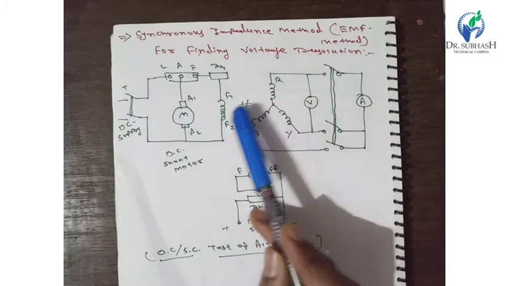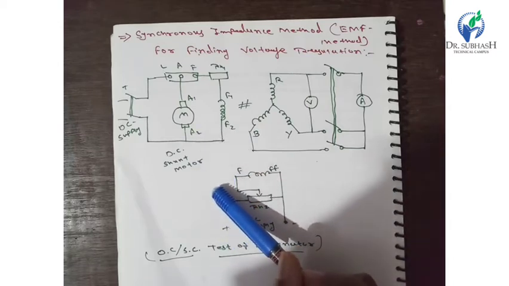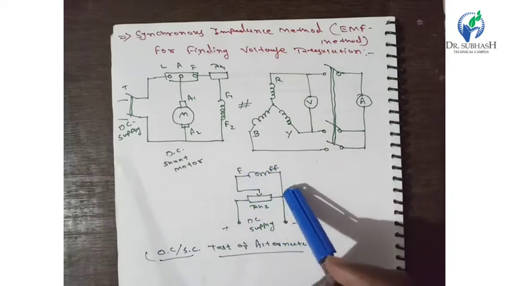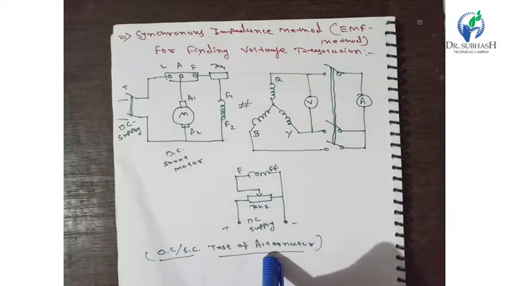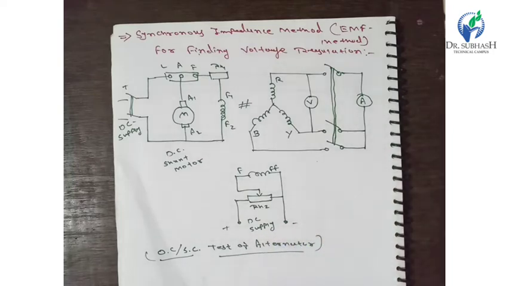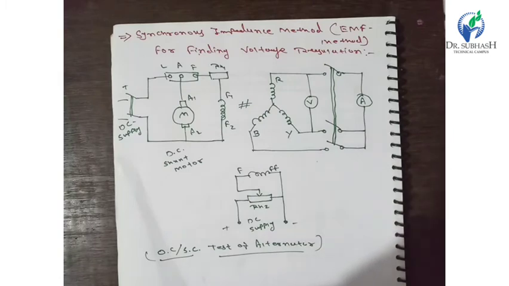Here is the circuit diagram to find the voltage regulation by the EMF method. This method is also called the open circuit and short circuit test of an alternator. The main aim of this test is to perform the open circuit and short circuit test on a given three-phase alternator and determine its regulation by the synchronous impedance or EMF method.